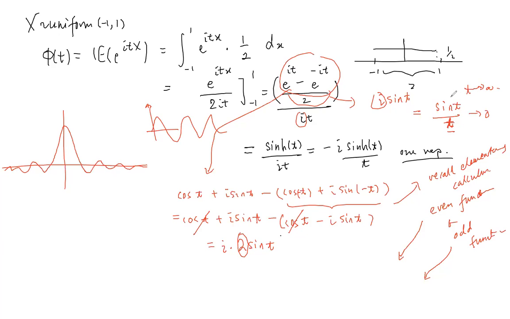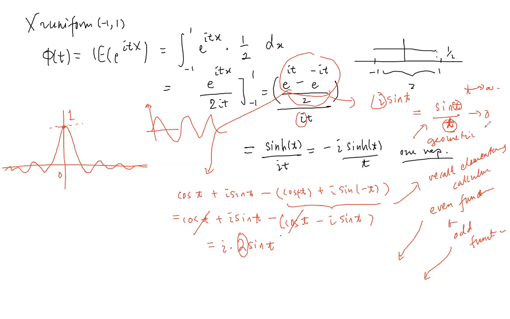Now the interesting part is when your t tends to 0, you will end up with 1. So this is the classic case. This has a geometric basis.